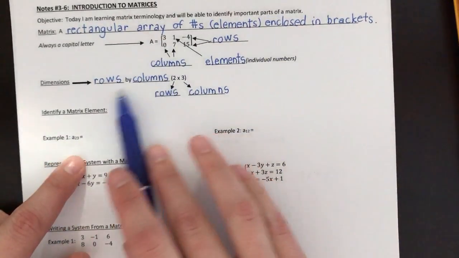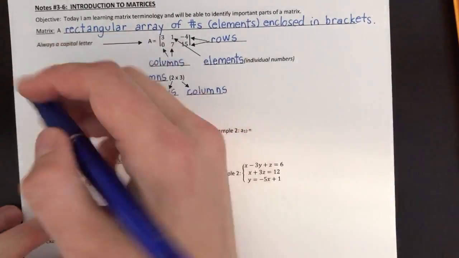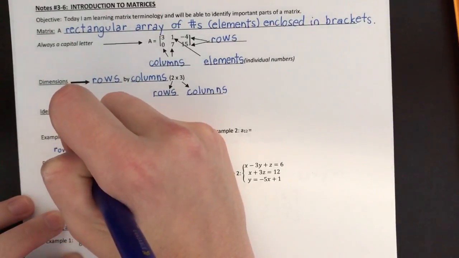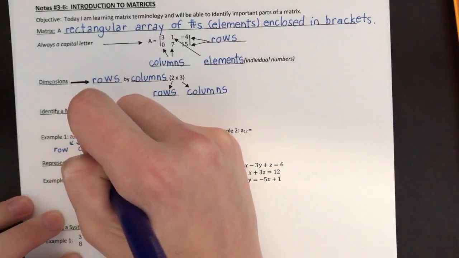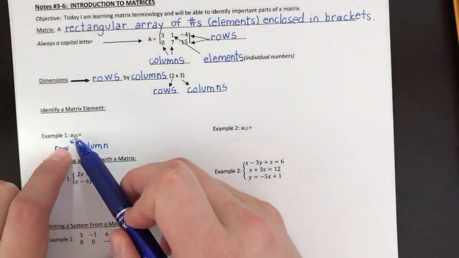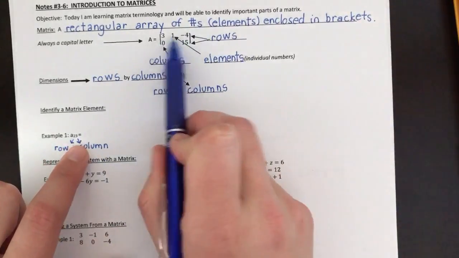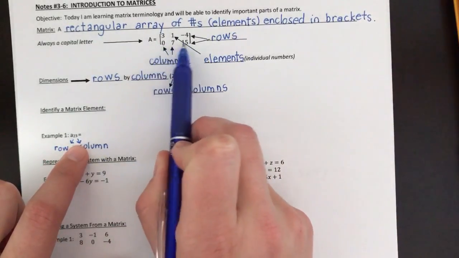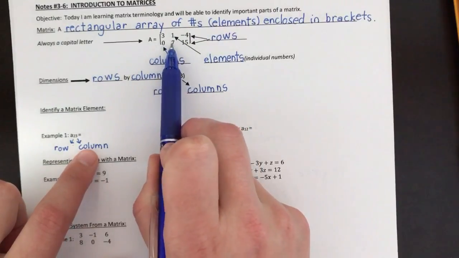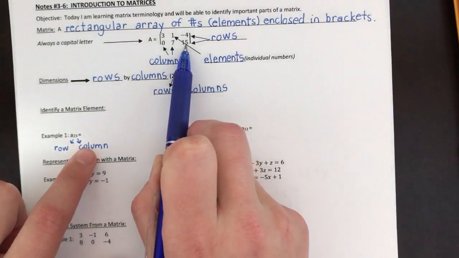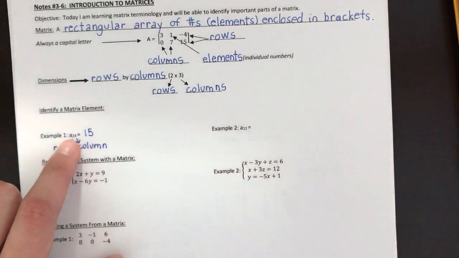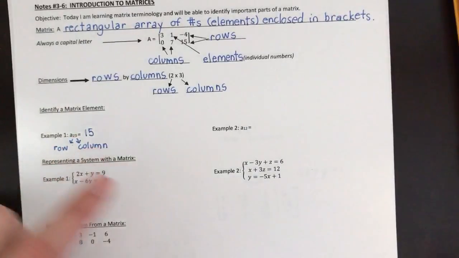Just like dimensions, the elements are labeled by row, by column. So which element is in the second row, third column? This is the second row: 0, 7, 15. Which one of these is in the third column? This is the first column, second column, third column. So that would be 15. That's what it's asking for.